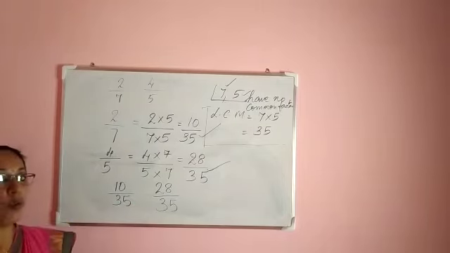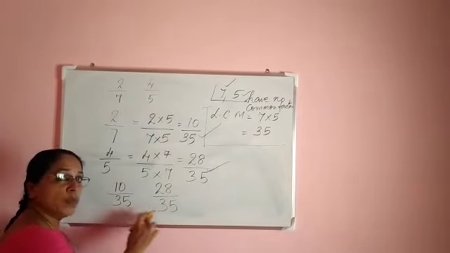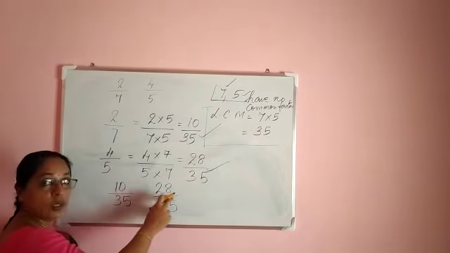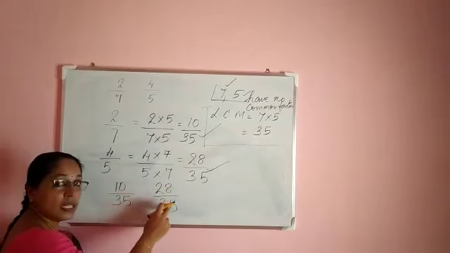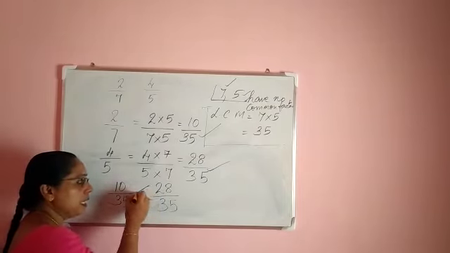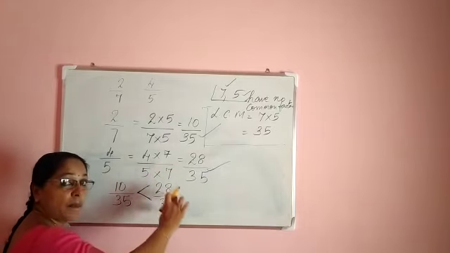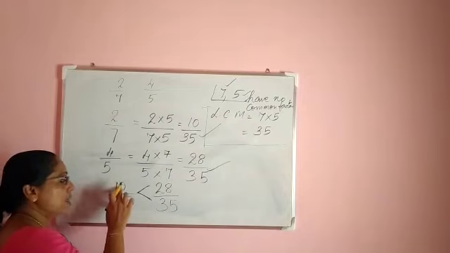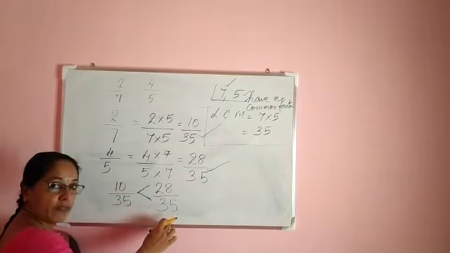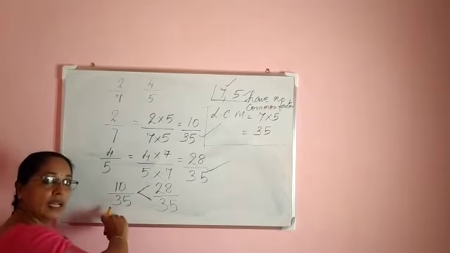Now we can compare. Now we can say which is bigger. How do you say which is bigger? When the denominators become the same, check the numerators. Which is bigger, 10 or 28? Yes, 28 is bigger. So 28 by 35 is bigger. The mouth of the sign will be open towards the bigger number. So 10 by 35 is smaller than 28 by 35, or 28 by 35 is bigger than 10 by 35.